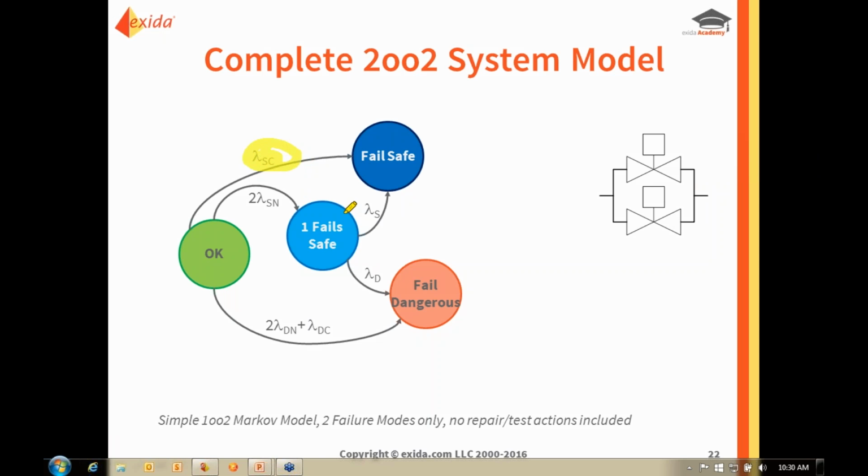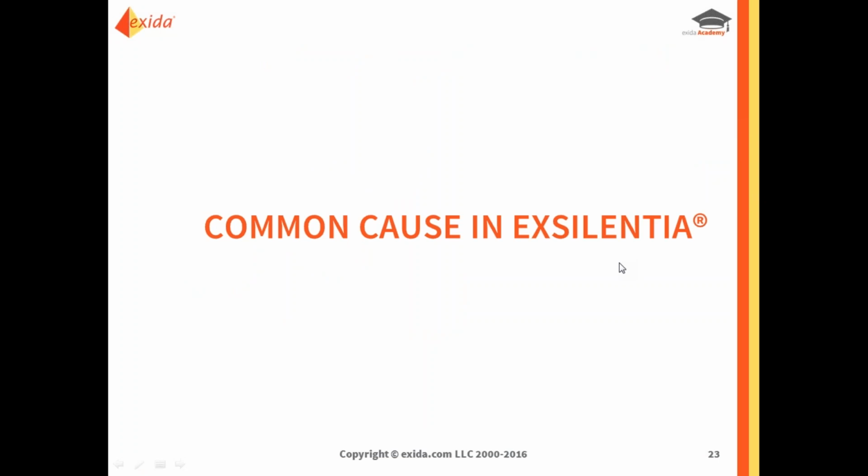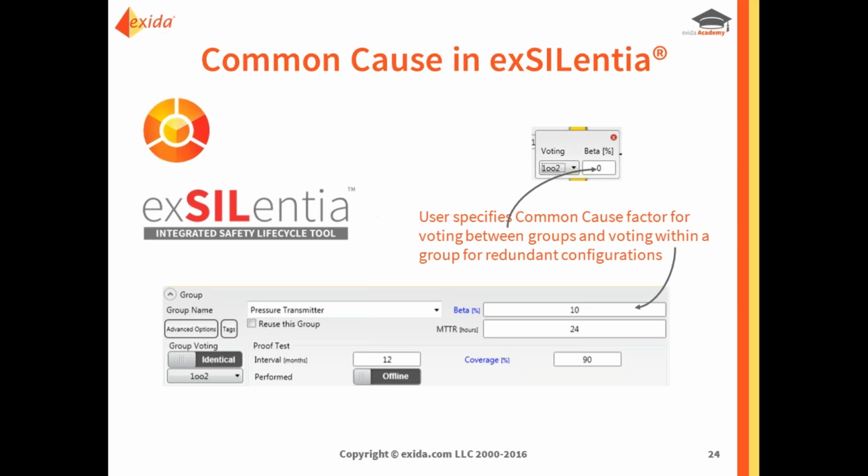It makes perfect sense to consider a common cause in a configuration that is designed to protect against spurious failures, and it may sound a little counterintuitive to include it, but from a complete system model, it makes sense again. So how does this look in Excellencia? Obviously, we've accounted for common cause in Excellencia, and there's a couple of areas where we do have common cause in the tool.